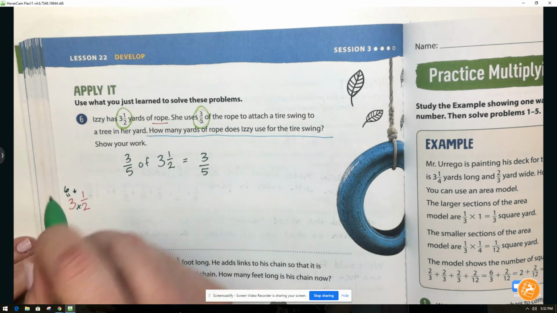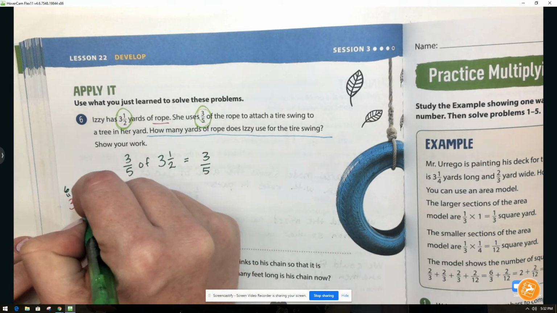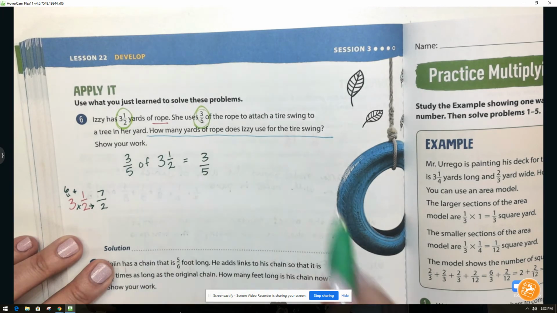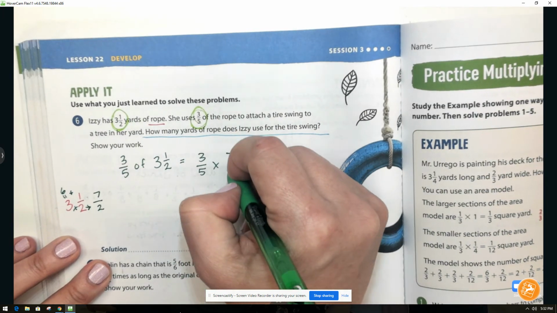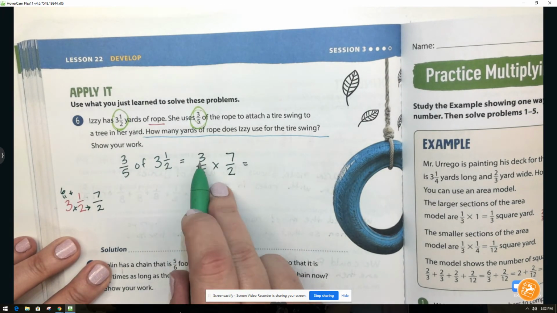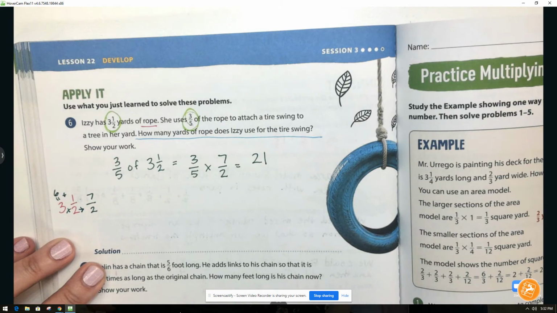And then I'm going to add 6 plus 1 to get 7. And then my denominator stays the same. So 3 1/2 is the same as 7/2. And then I'm going to multiply straight across. 3 times 7 is 21. And then 5 times 2 is 10.